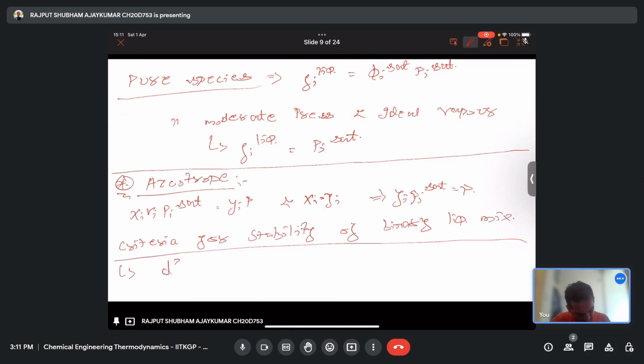So this comes out to be (∂²G/∂x1²) at constant temperature and pressure, which should be greater than 0. Okay, so these are some of the things which have been covered during the entire week.